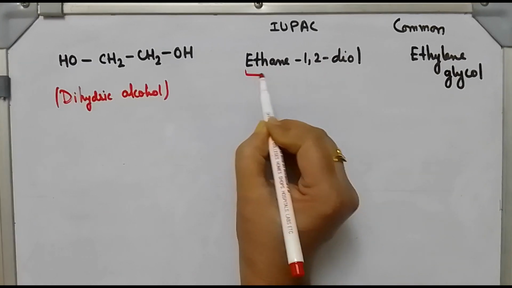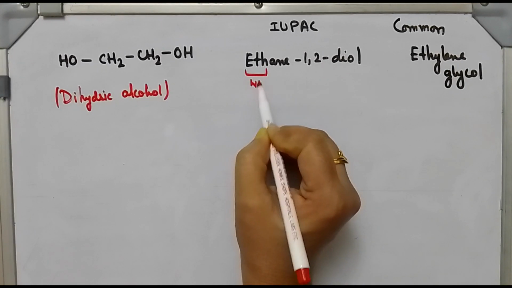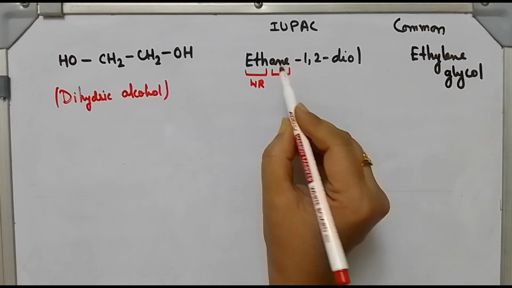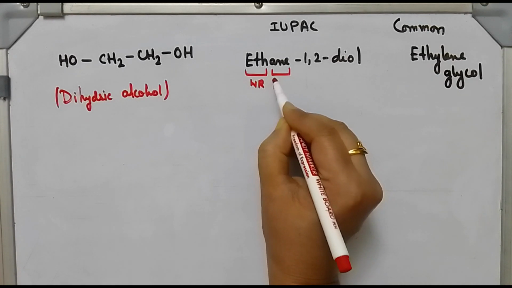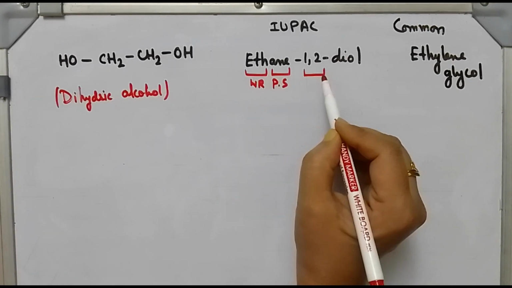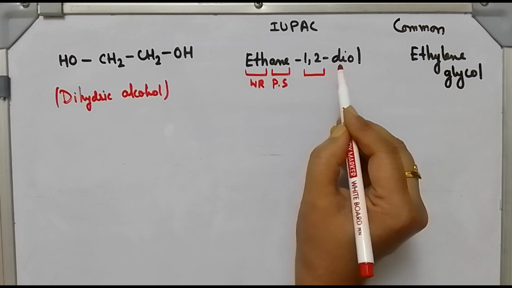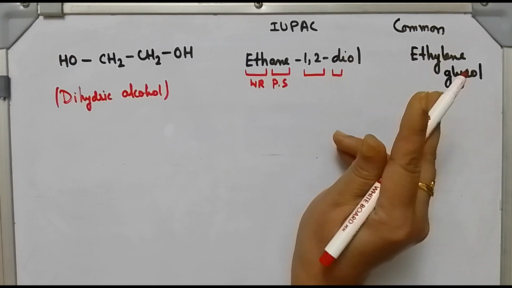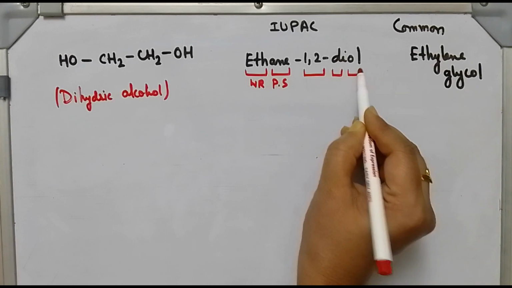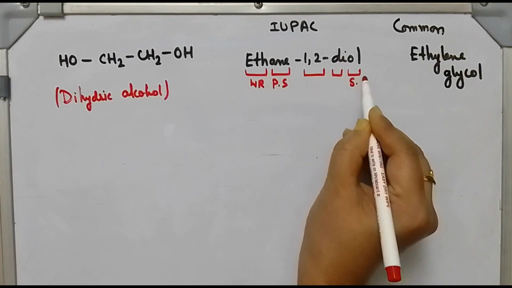So here this one is the word root. After that this is the primary suffix. Then these are the positions of the groups. Then this is the number, meaning 2 OH groups are there, so di, and this is the secondary suffix.